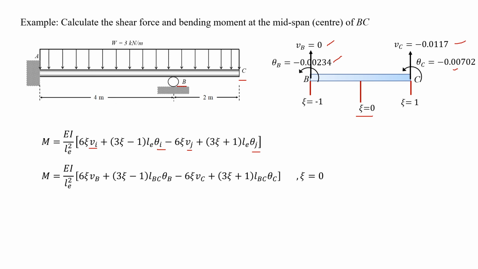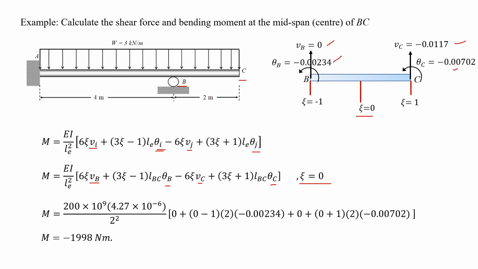Here we replace Vi with VB, theta i with theta B, while Vj and theta j we replace with VC and theta C. And we know that zeta is equal to 0. By replacing those values for E, I and L, we obtain a moment of nearly negative 2000 Newton meter.